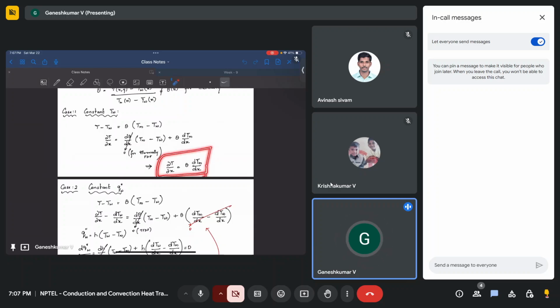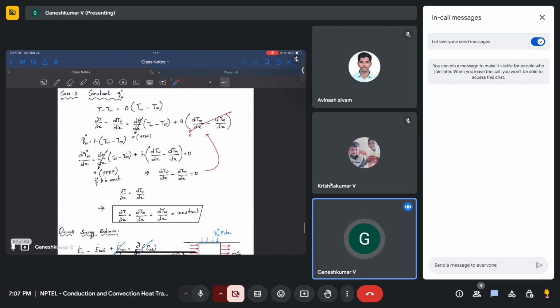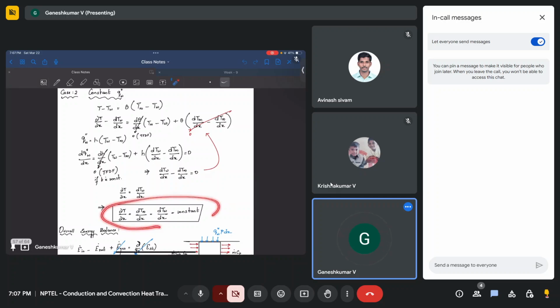This is how you can replace the partial derivative of temperature with respect to x as a simple derivative of T mean or T bulk, right? Similarly, for constant heat flux, if you perform a similar analysis, you will end up having this to be constant.